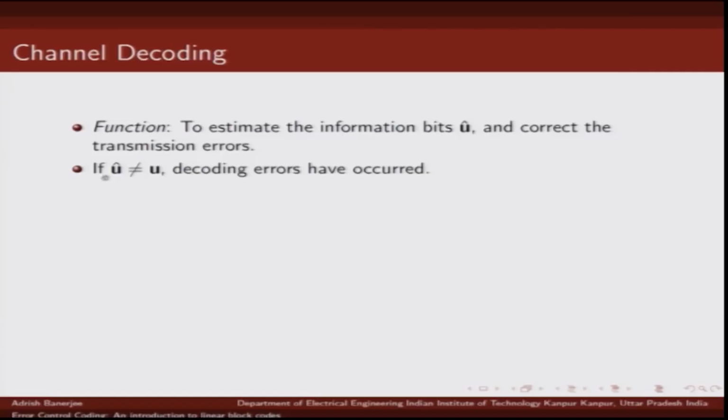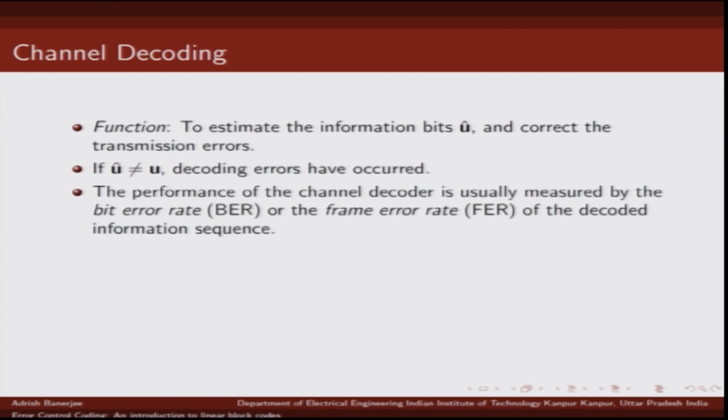If our decoded bit is not the same as the transmitted bit, we say that a decoding error has occurred. And how do we quantify these decoding errors? We quantify them using what we call bit error rate or frame error rate. So, the performance of error correcting codes is typically evaluated using bit error rate and frame error rate.